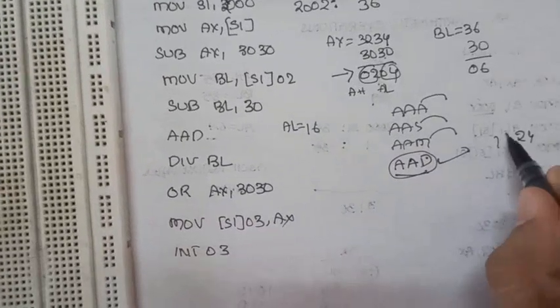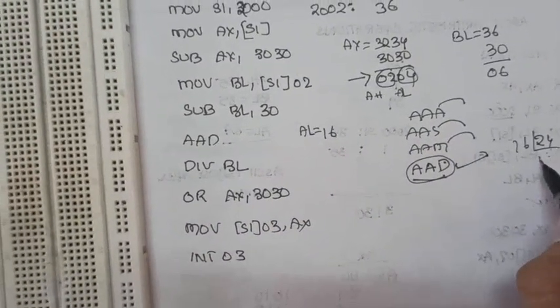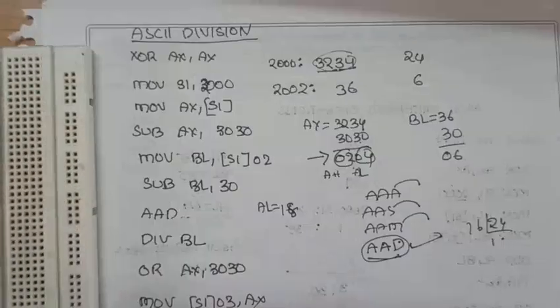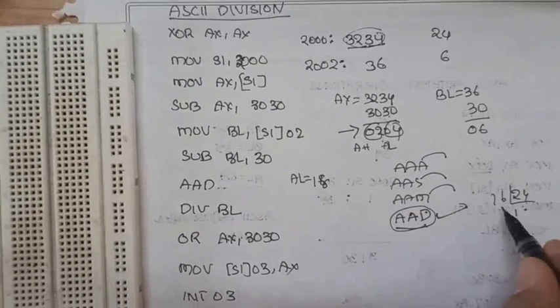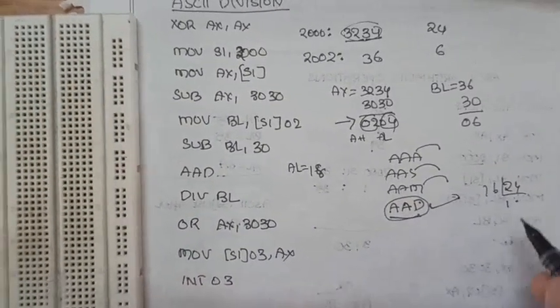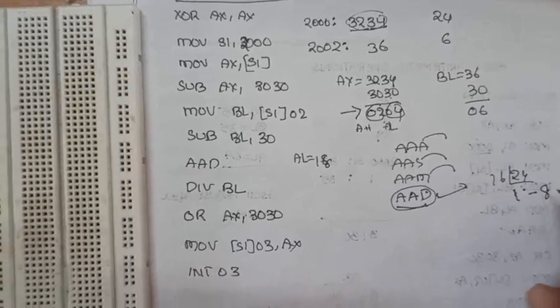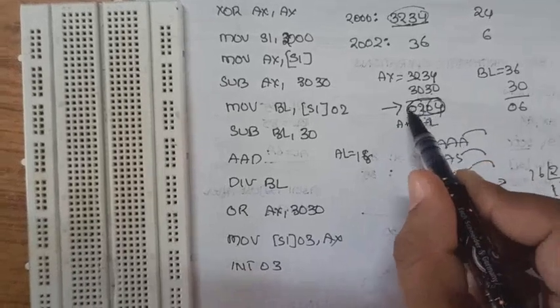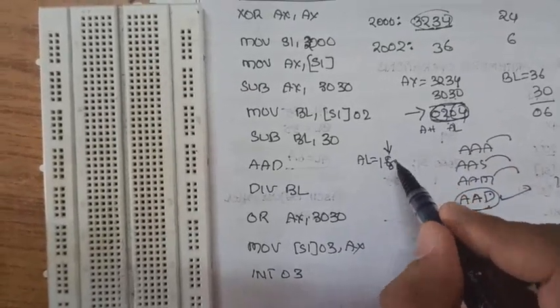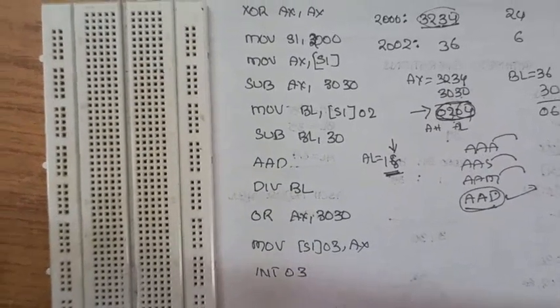So 24 divided by 16 you get 6, 2 sixes are 12. Sorry, it converts it into 18. Why? Because if you take the hexadecimal division of 24, 16 ones are 16 and the remainder is actually 8. So the AAD instruction converts this 0204 data into the equivalent number 18 in AL.